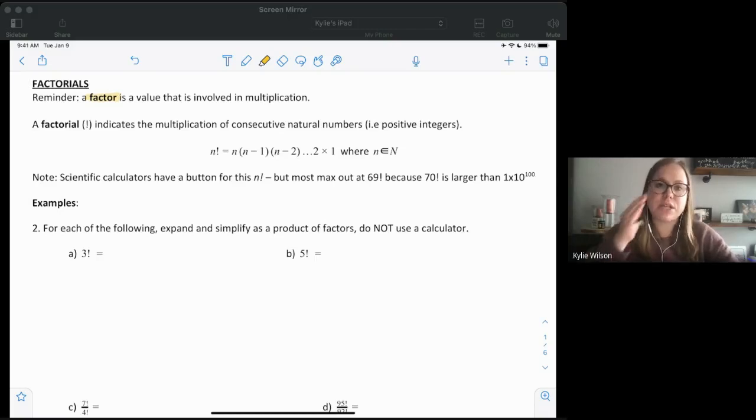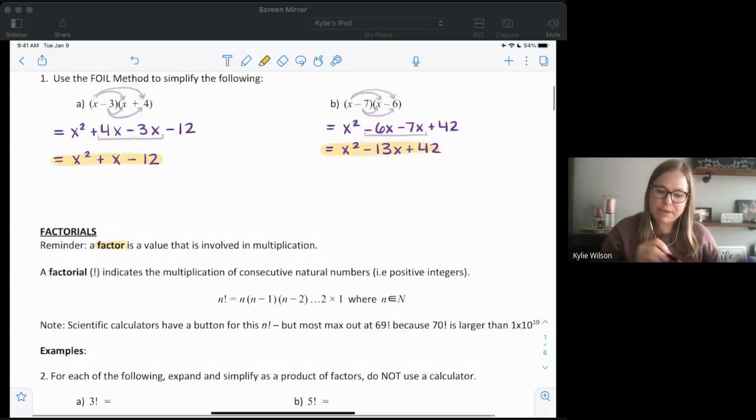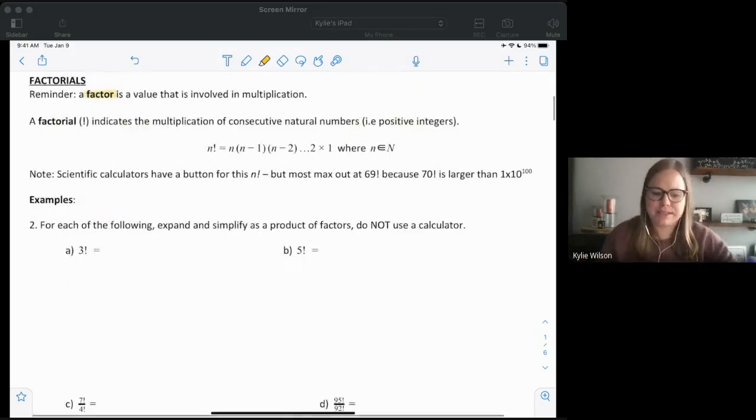All of those numbers are what we call factors of 6. Also, when we're factoring and we put things into brackets, just like up here, the reason it's called factoring is we're finding the factors of this polynomial here. So that's what the term factor means.